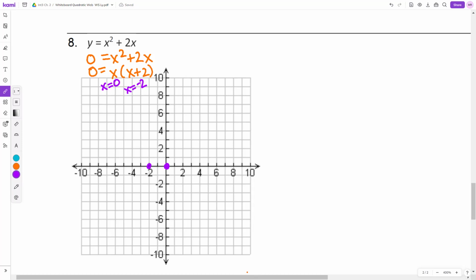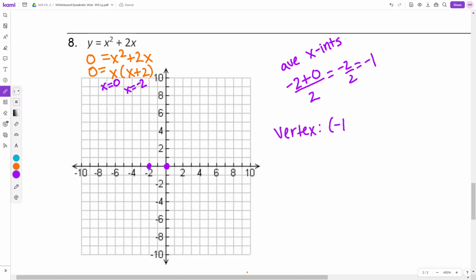But let's say I had a problem where I couldn't really tell because of the way the graph was. You can add your two x-intercepts together and divide by 2. Again, I'm averaging my x-intercepts. That's what I'm doing. And so I'm going to get -2/2, which is -1. So my vertex is going to be -1 comma, and I need to find my y.